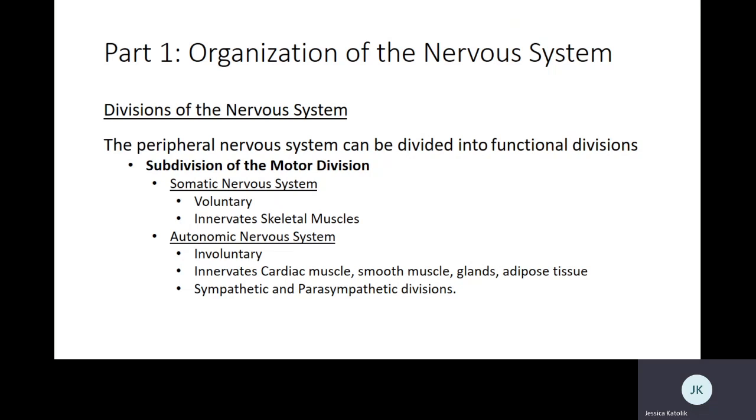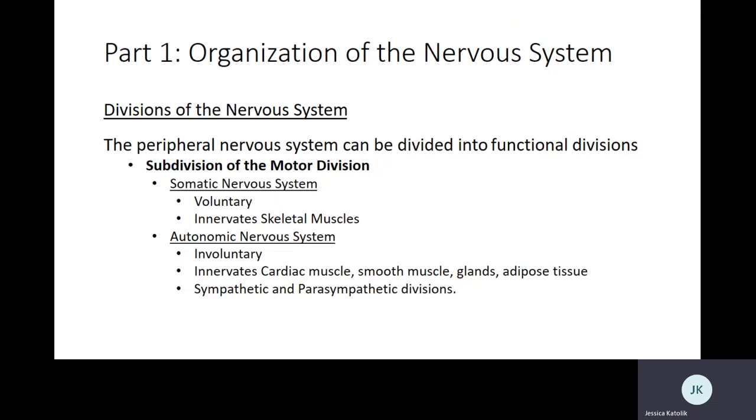So what are the subdivisions of the motor division? They will include the somatic nervous system and the autonomic nervous system. The somatic nervous system is going to be composed of somatic nerve fibers, and these fibers are going to be voluntary.